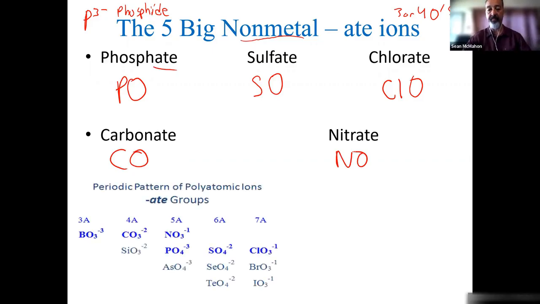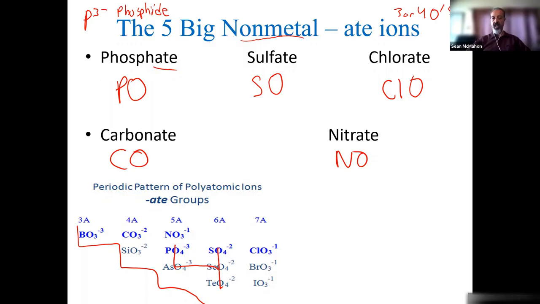Now, if I go to my periodic table, I see this little staircase. What I want you to do on the staircase is find where your phosphorus and arsenic are and draw a line. Find sulfur, selenium, and tellurium, draw a line, and then put a line right there. And what I draw on the periodic table is a 4.